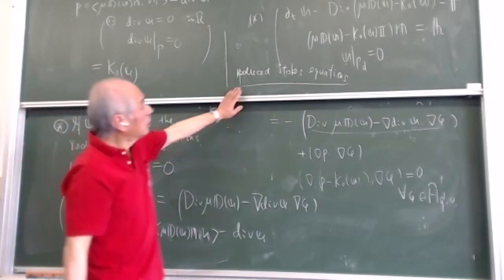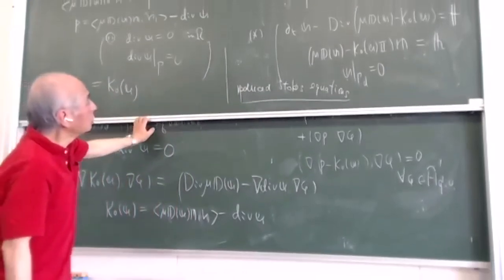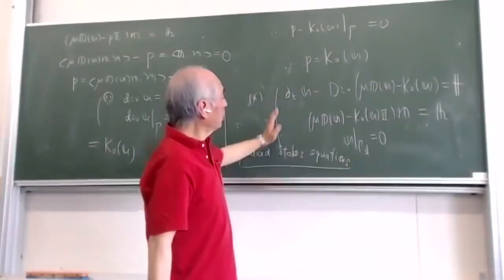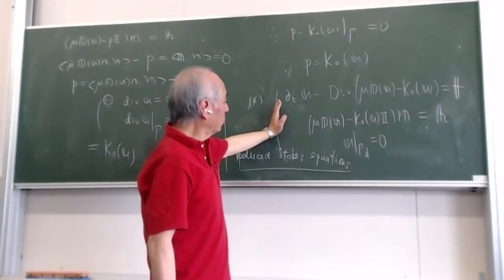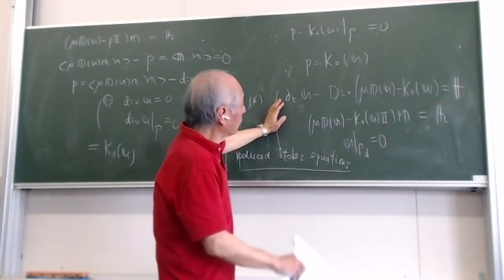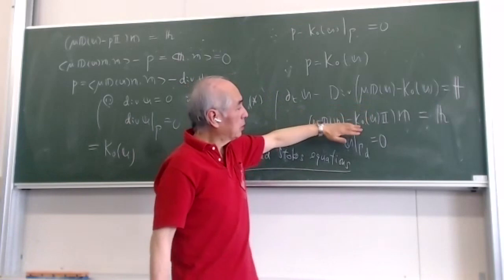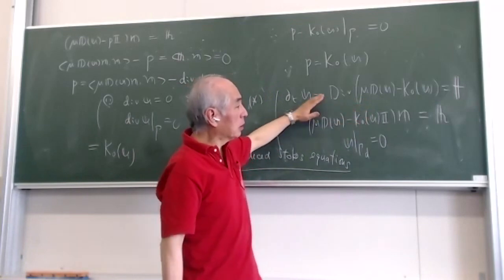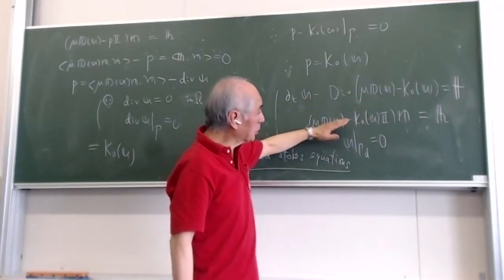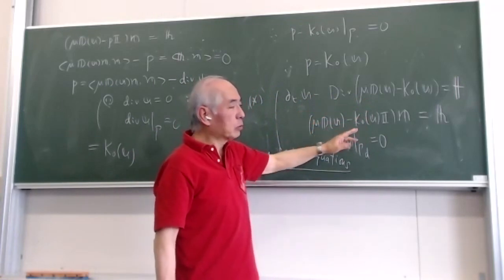So this is the so-called reduced Stokes equations. Then the point is that we don't have any pressure term here. So this is a formulation of the Stokes equations in the analytic semi-group setting.